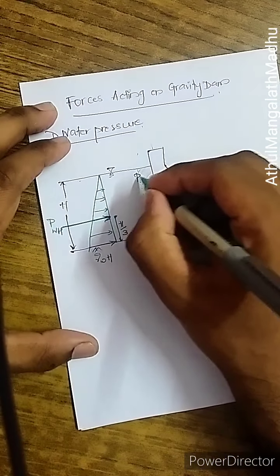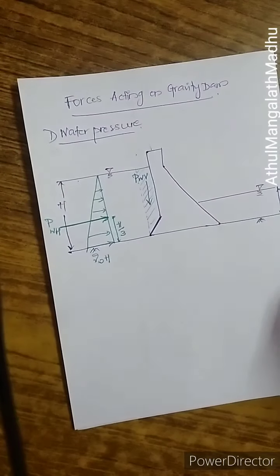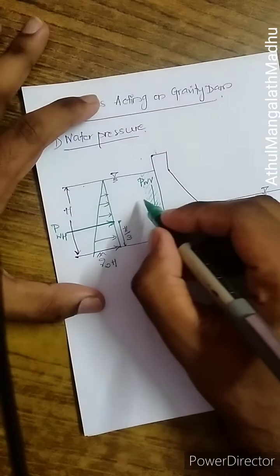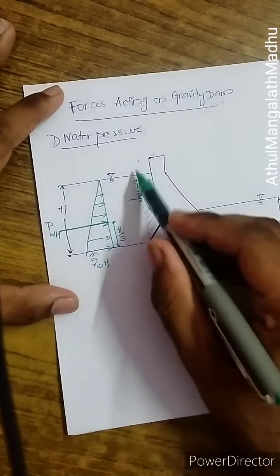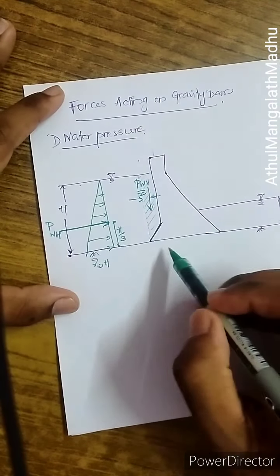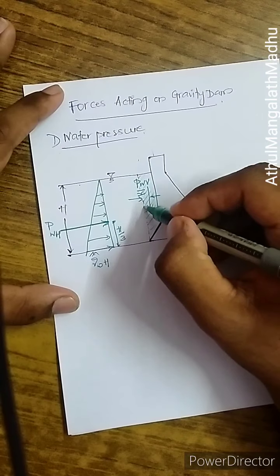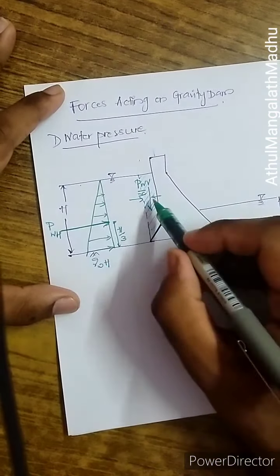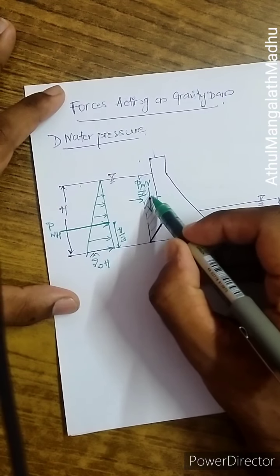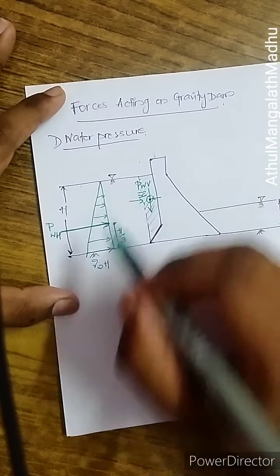That is the pressure of water which is acting vertically down, and it will be acting at a distance of x bar. X bar is the centroid of this whole area. If I take this whole area like this, the centroid will be somewhere over here, and this distance is the x bar.